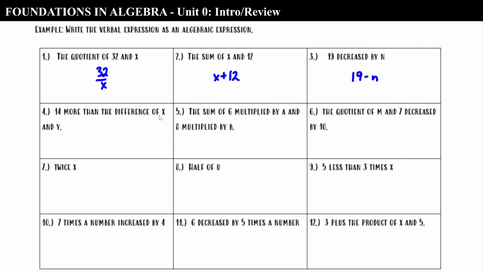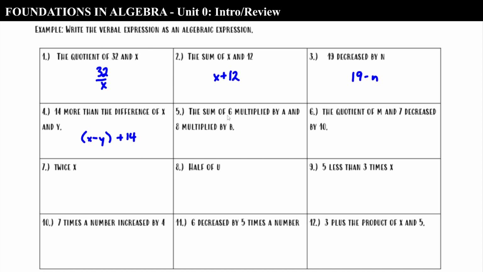Okay, this one's a little bit more complicated. So we're adding 14. That's what 14 more means. The difference of x and y is x minus y. So we're doing the difference of that, and then we're adding 14 to it. So x minus y in parentheses, and then plus 14.